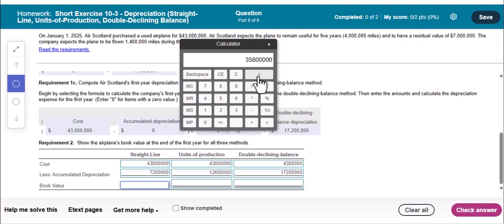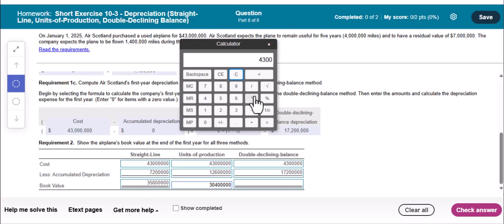And then next, 43 million minus 12.6 million. That number is 30,400,000. And then clear out again and get the cost in again for the double declining balance.